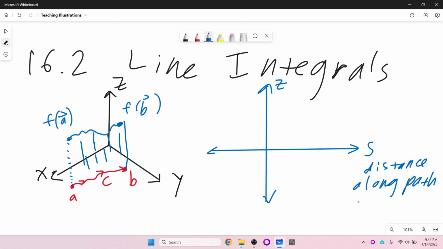It's not a coincidence we're using the same symbol as arc length. When we talked about arc length way back when, we used s to represent it. So it's kind of the same thing. The length that we're traveling along this arc is going to be the independent variable.